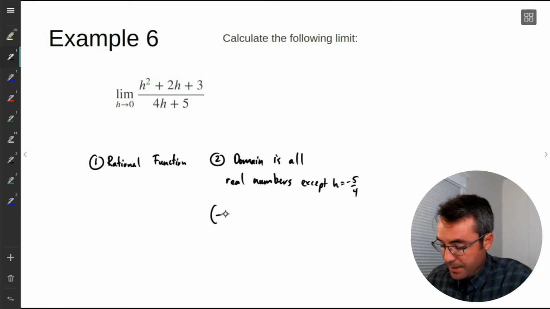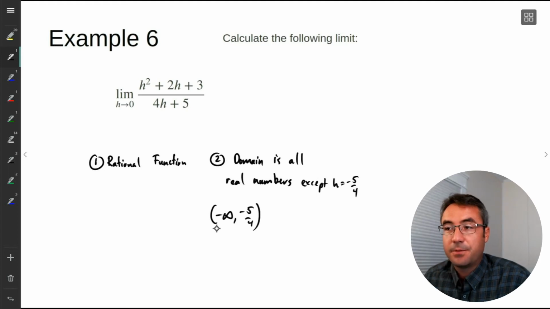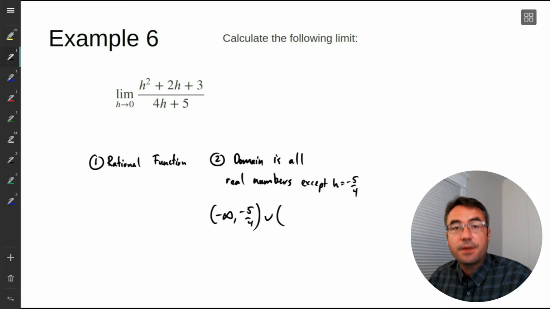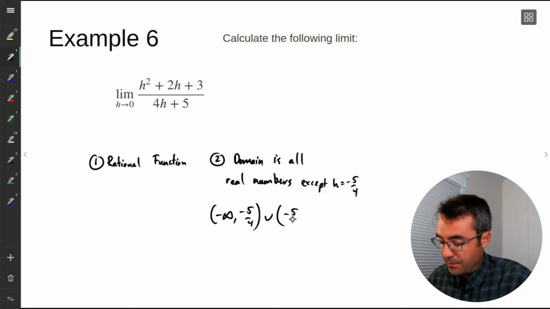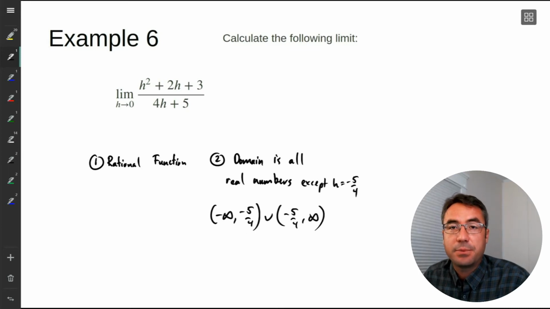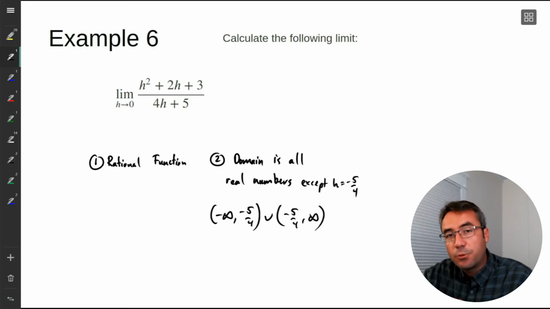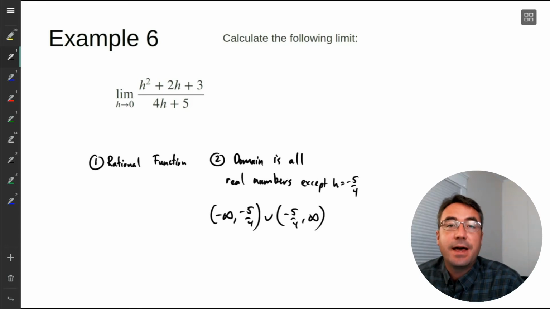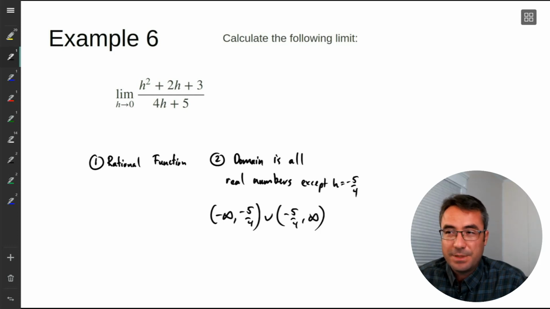So our domain, if we wrote it as an interval, is the interval from -infinity to -5/4, union with the other side, -5/4 to infinity. So we've just thrown out that place. It's all real numbers except we've removed that place where we have division by 0. It's not continuous there.